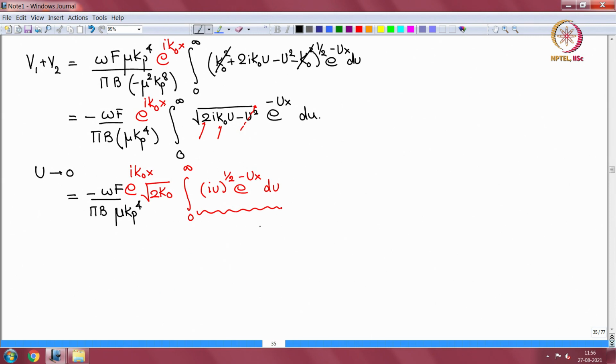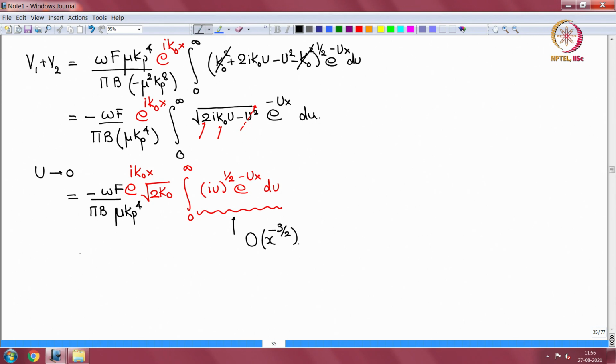If you look at this part, there will be an integral which decays as x to the power minus 3 by 2 after you integrate.